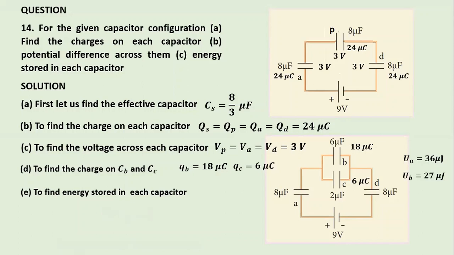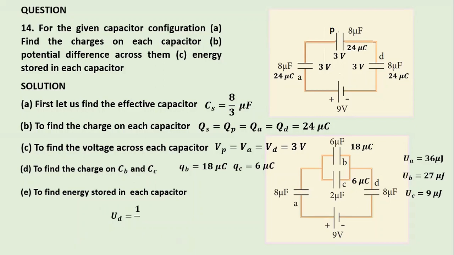Let us go for the third one. The energy stored in capacitor C equals 1/2 CC VC squared. Let us substitute the value of CC as 2 microfarad and the voltage across C, that is 3 volt. We get the energy stored in capacitor C equals 9 microjoule.